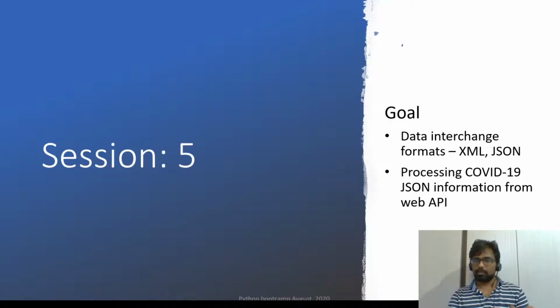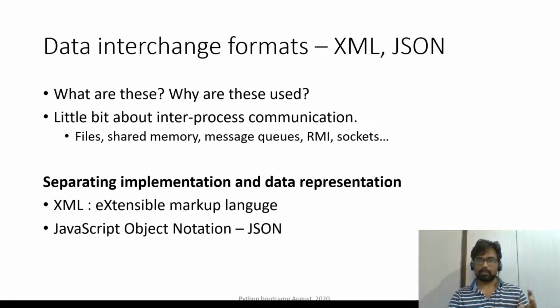Data interchange formats. This we have covered extensively. So JSON, we have been using it from day one of the project. Let's remember the history of why JSON and XML came into the picture and what problem they solve. They solve the problem of talking between two different processes or two different software programs on various other computers.